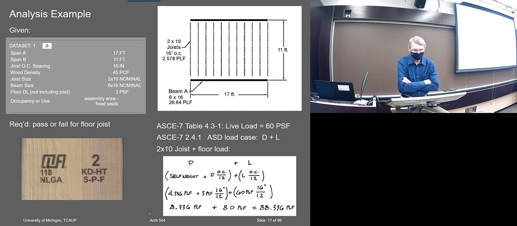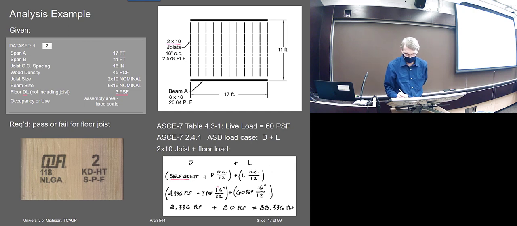let's do this one and see if the beam passes or fails. I think the one I did in class had a 2x10, 16 inches on center, and in that problem I determined the weight of it. So I looked up the self-weight, and then I had the applied dead load somewhere. Here's the applied dead load. Oop, no, that's the floor dead load.